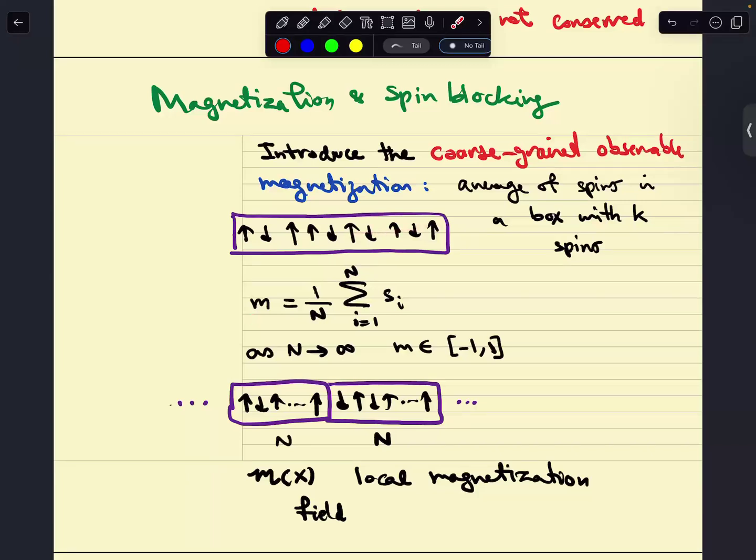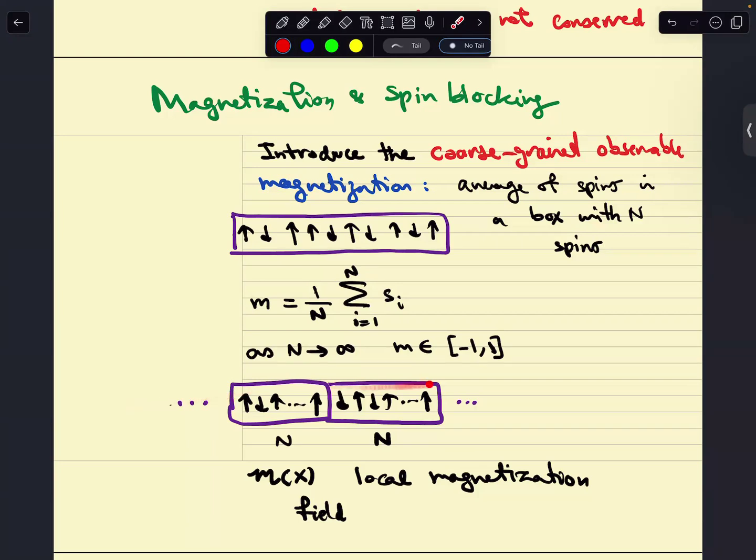Now, an individual spin can take either 1 or -1 as values. However, the coarse-grained magnetization variable can take any value from -1 to 1 if there are a lot of spins. So in the limit of n going to infinity, this m variable looks continuous.